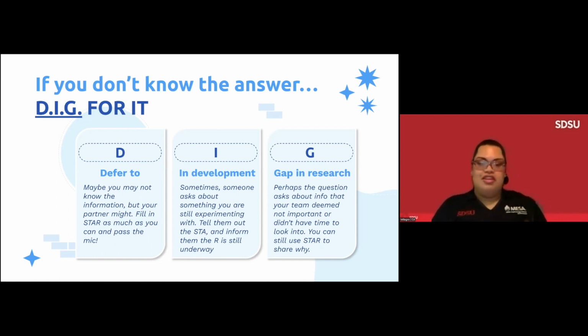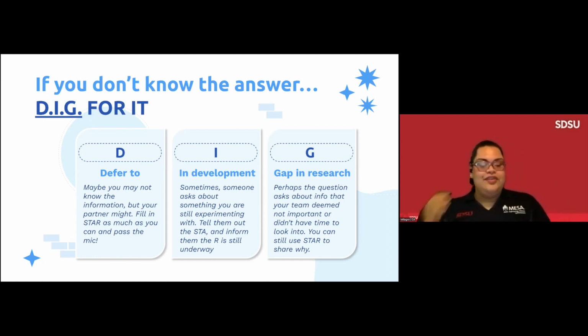In which case you would tell the judge just that. You would fill in STAR: situation, task, actions, and then the results, you just don't have them yet. You're still looking forward to them. You're excited to see them. But it is something that you needed more time for, and hopefully in the next iteration of the design, you'll be able to answer that question.